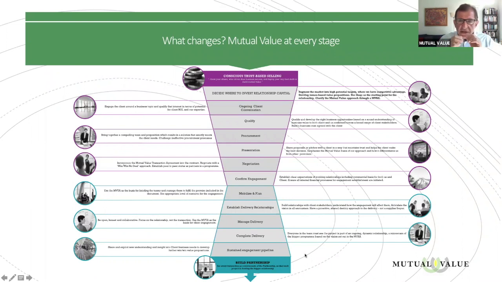We have, as a way of looking at the value, quite a sophisticated pipeline model, as you can see here. The point about our pipeline model is that it's not just about winning the business, it's about the way in which you deliver the business, that you're continually engaging in conscious relationship building.